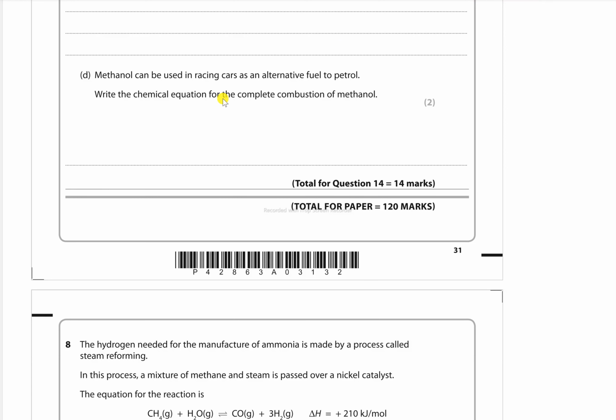Combustion of methanol. So we know methanol, they gave us that, CH3OH, plus oxygen, and you get carbon dioxide and water. And we need to balance those.